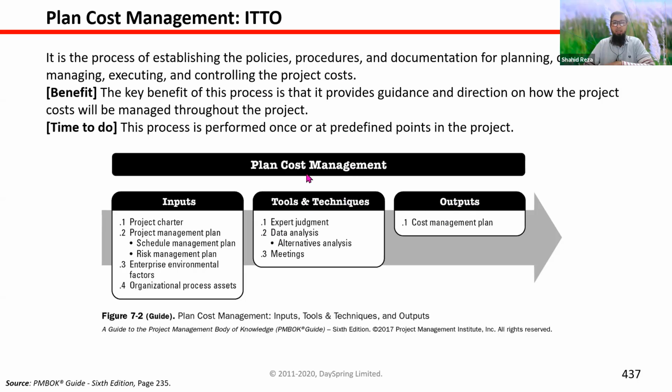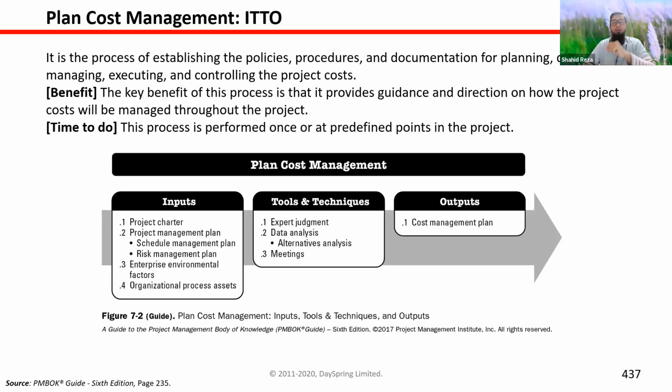Also, as we are talking about cost, is there any organizational guideline that I mentioned earlier, or any policy, any procedure that you need to address here? For example, if you are involved with government purchase, all the government organizations follow PPR, public procurement rules, that is mandatory for purchasing anything.